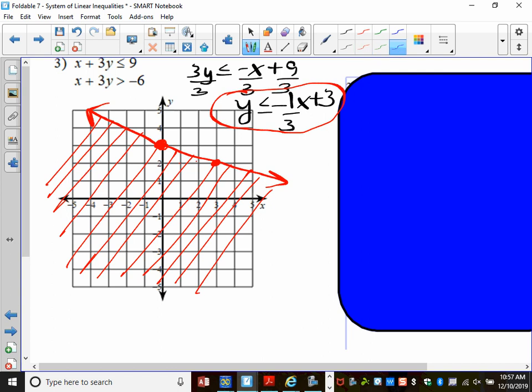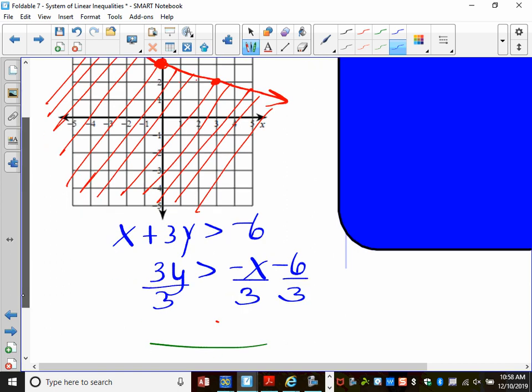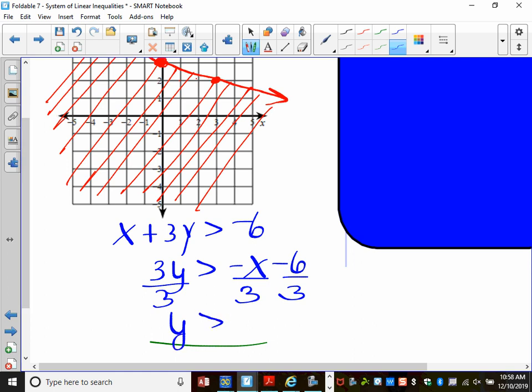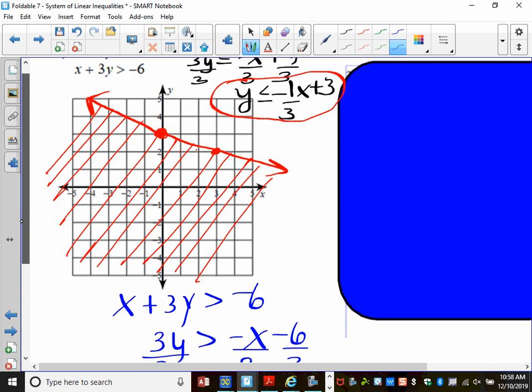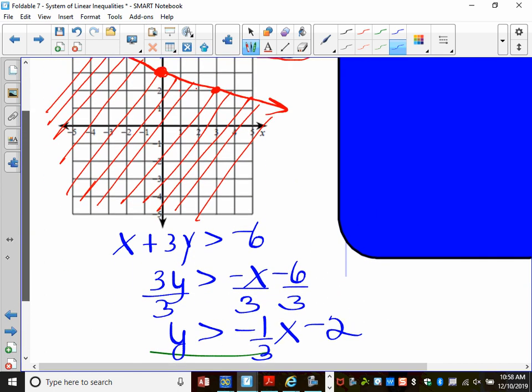Okay, and then for the second one, I'm going to go ahead and solve for y. What do you notice about the slopes for both? They're the same. All right, so this one is y is greater than negative 1/3 x minus 2.